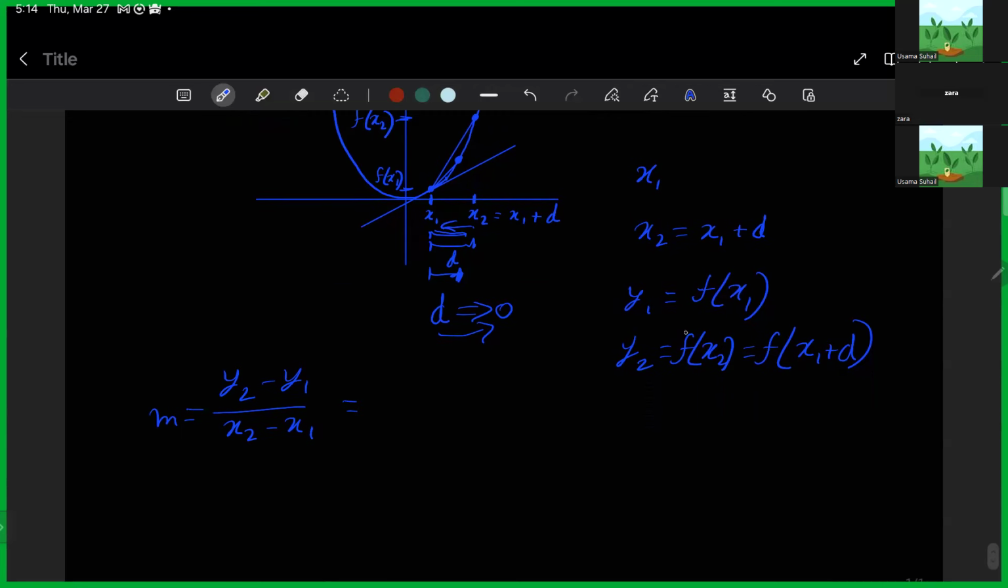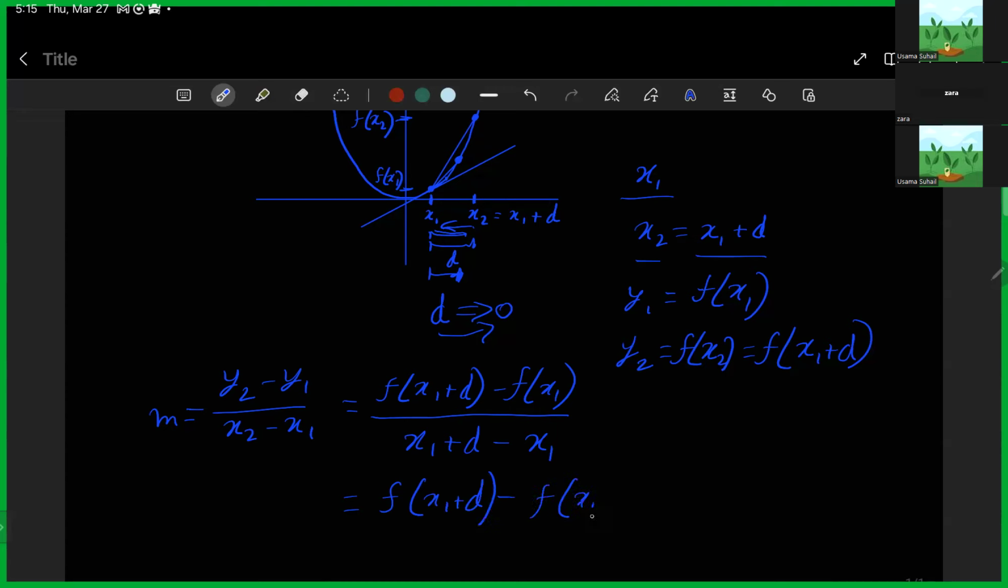So this will come out to be f of x1 plus d minus f of x1, whole divided by x2, which is x1 plus d, minus x1. From here we get f of x1 plus d minus f of x1, whole divided by d, right?